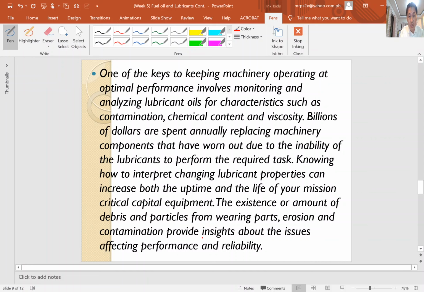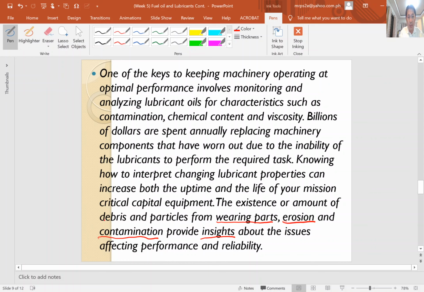So, by testing your oil or your machinery, you have the insights. You know what contamination is there, and you can analyze the wearing of parts and the erosion because of the contamination.